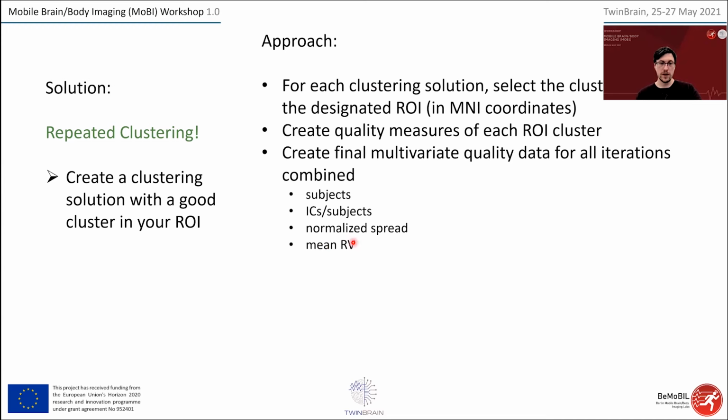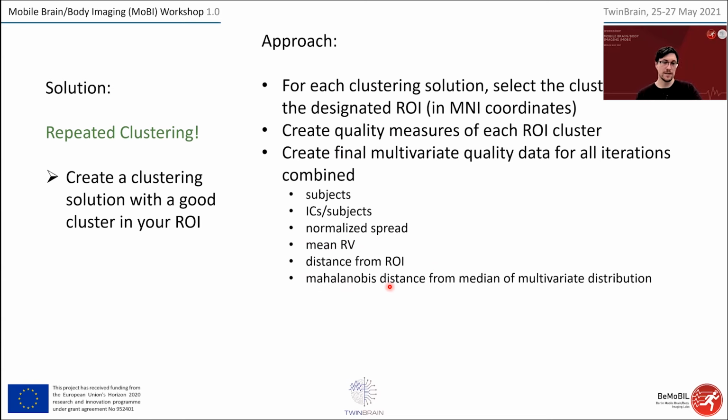You just weigh this negatively, and the repeated clustering will find brainy clusters for you, even if you leave everything in your study. That's fine then. And then we have the distance from the region of interest that should be low, ideally. We want to have the cluster close to the area that we are interested in.